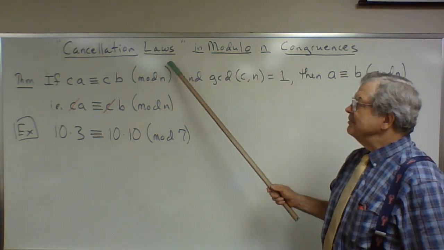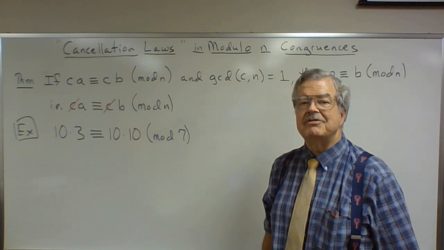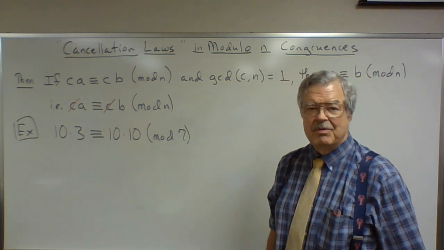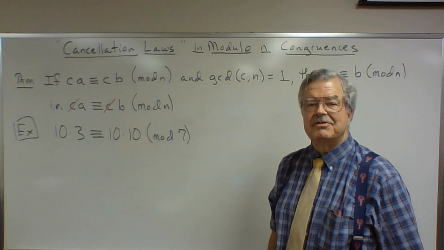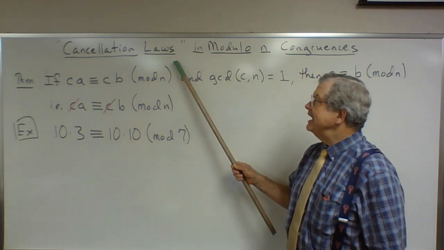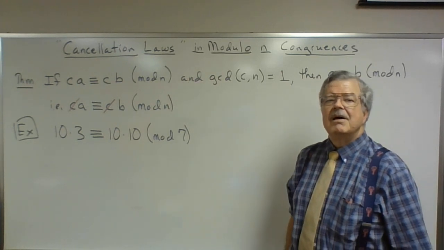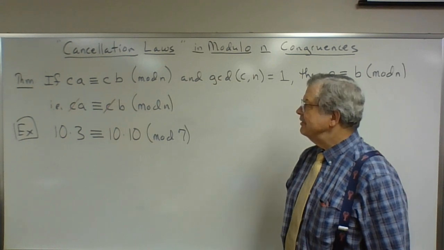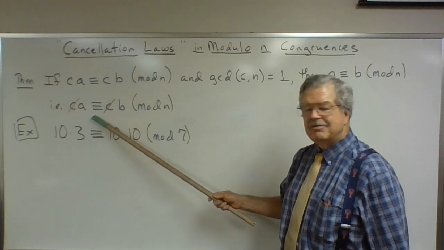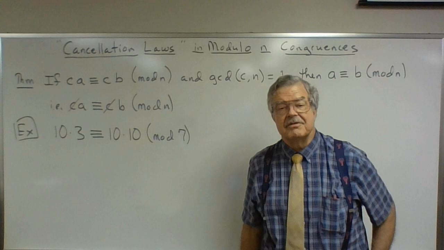Just like when we have equations, we have cancellation laws, which essentially say that we can divide both sides of an equation by the same non-zero number. We have cancellation laws in modulo arithmetic, which tell us under certain circumstances that we can divide both sides of a congruence by a certain number and still preserve the sense of the congruence.